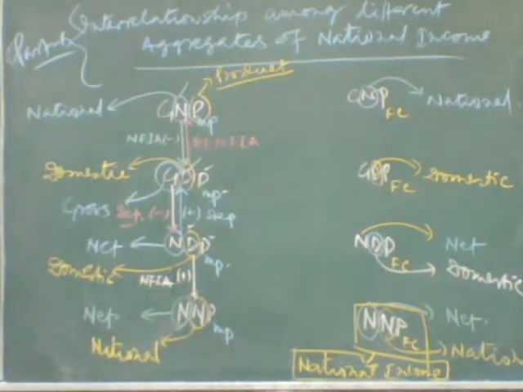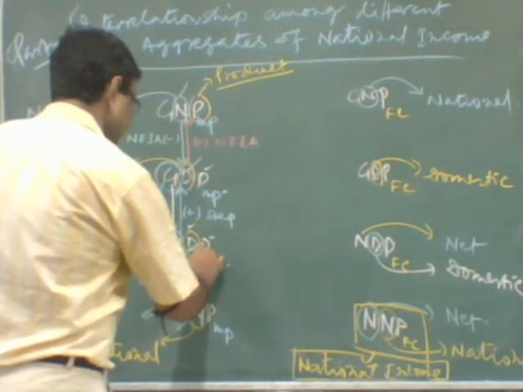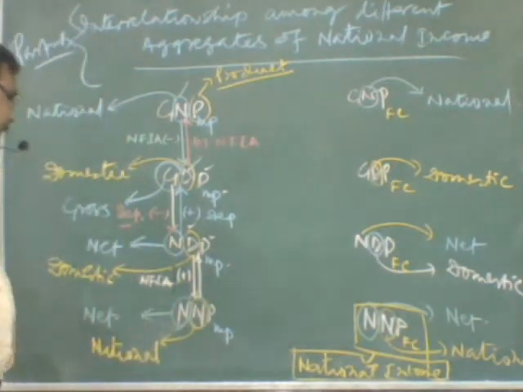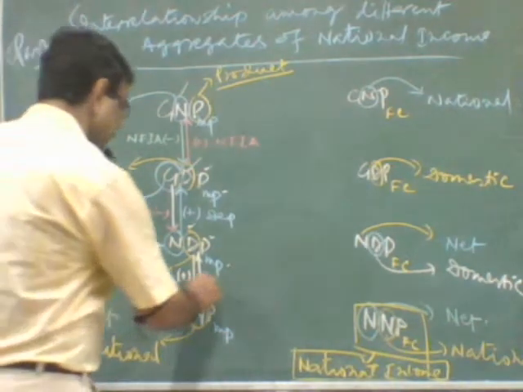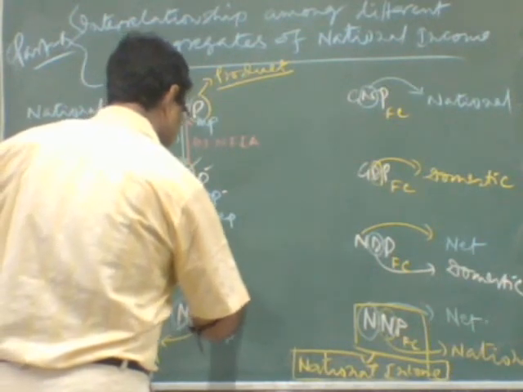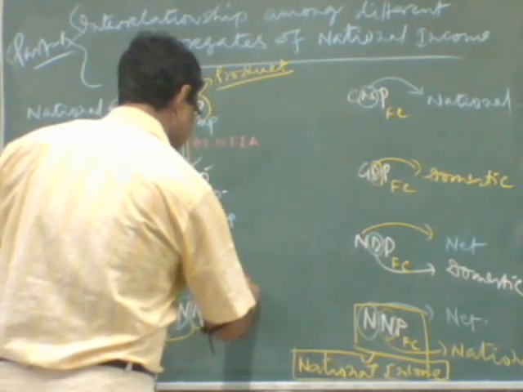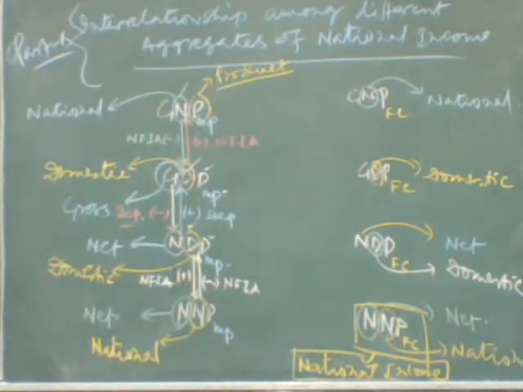But whenever you have to calculate the value of domestic, NFIA will be subtracted from national, that is minus NFIA. So this is the basic relation between GNP, GDP, NDP and NNP.